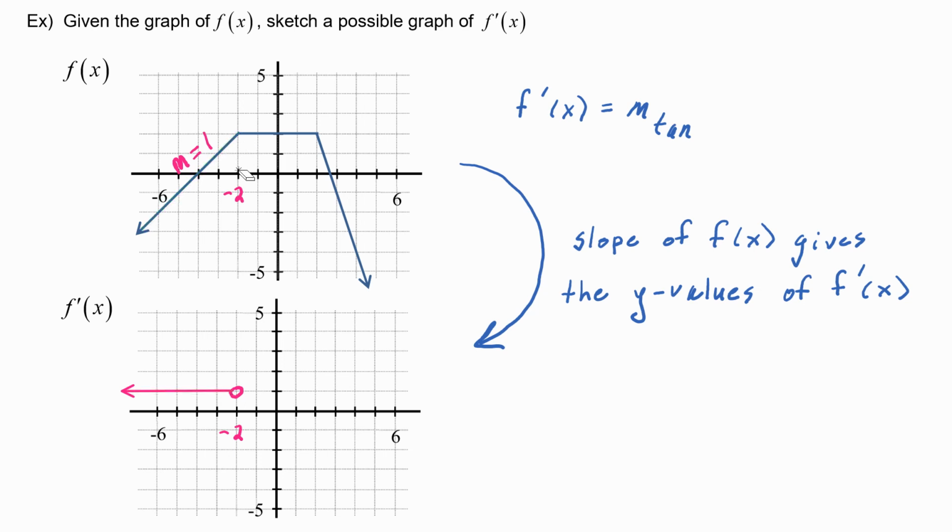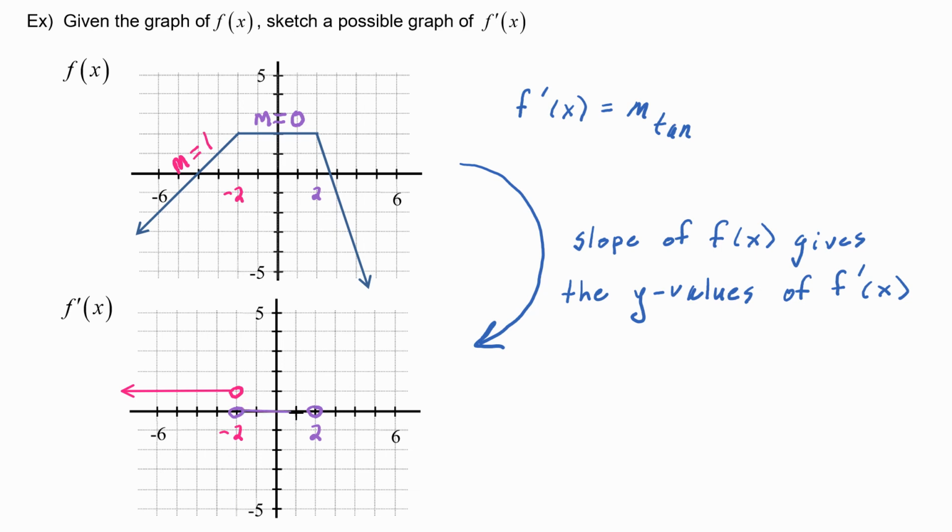Now, if we look from x equals negative 2 until x equals positive 2, the slope of this part of the graph is 0. Then that means from x equals negative 2 until x equals positive 2 on the graph of f prime, the y value has to be 0. So we have an open circle here where it changes over, and an open circle here where it changes over.